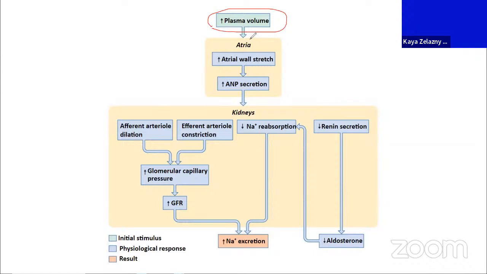So that extra volume, mostly water, is stretching out the walls of the atria, which is our signal to release ANP. This has a tendency to increase our glomerular capillary pressure and increase our glomerular filtration rate. And as we have that extra filtrate move through, one of the things we might do is get rid of extra sodium if we just have this fire hose going through.